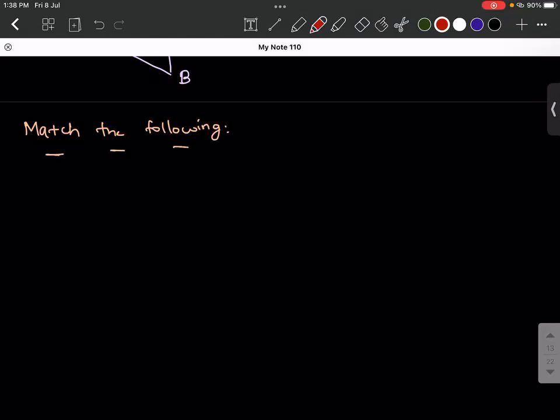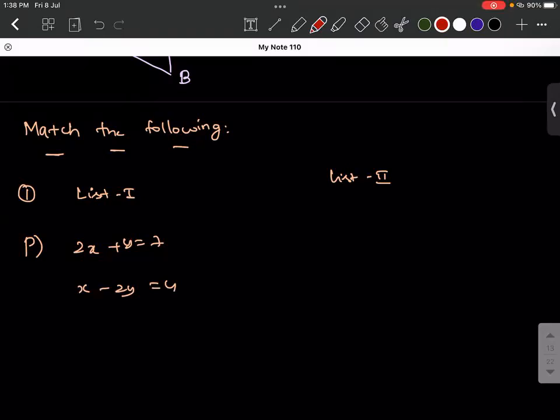Match the following. First question. So list 1 and you have a list 2. So P is 2x plus y is equal to 7. Sir, P is 2, sir. So Q is this one, 4 terms.